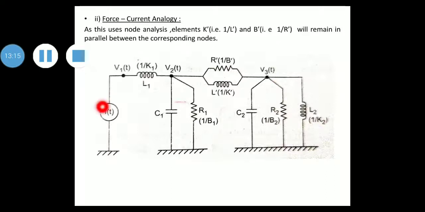T of t is I of t, then V1 of t, then L1 which is equivalent to 1 by K1, C1 which is in this path representing J1. Next R1 will represent 1 by B1, this is V2 of t, then this is V3 of t. So R dash is 1 by B dash, L dash is 1 by K dash, then this is C2, this is R2, R2 is 1 by B2, this is L2, 1 by K2. So this is the equivalent force current analogy technique.